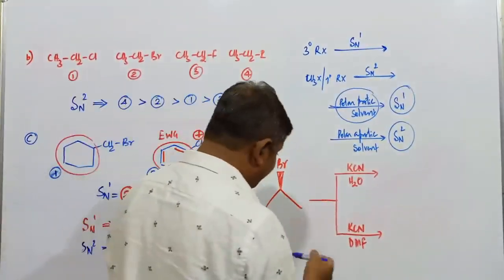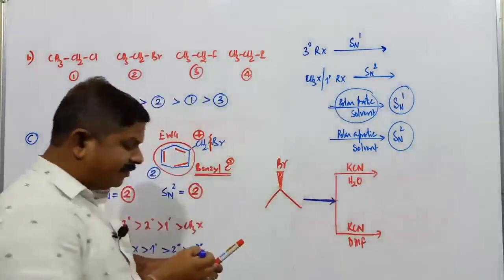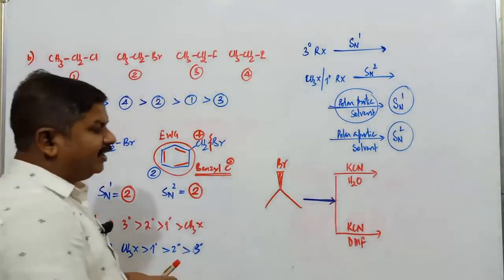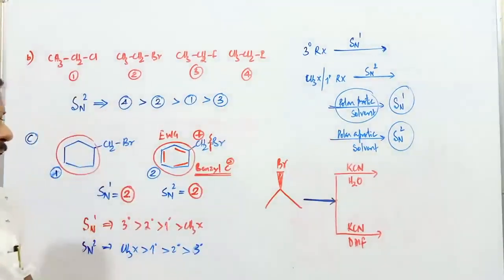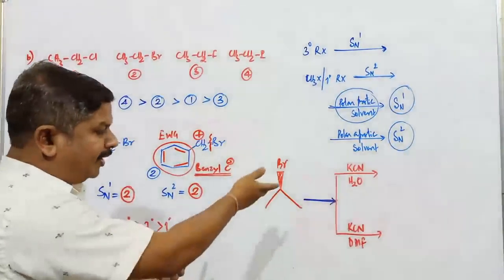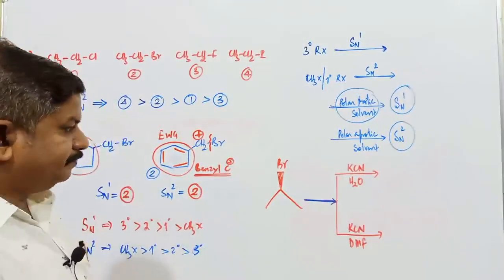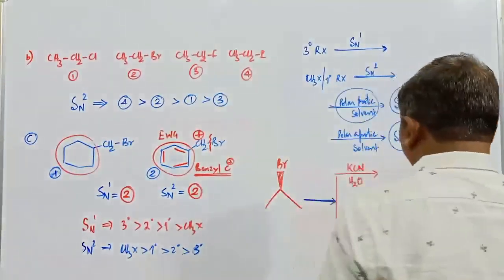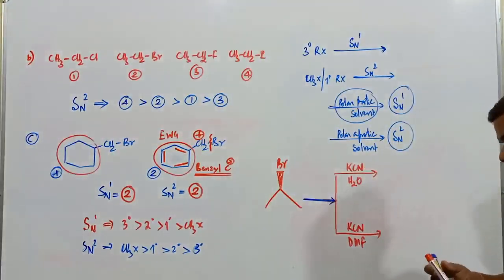Whether the product is the same under those different conditions or a different product forms. This is the respective alkyl halide, 2-bromopropane, which has a particular wedge structure. Now observe the conditions: potassium cyanide and H2O, potassium cyanide and DMF.